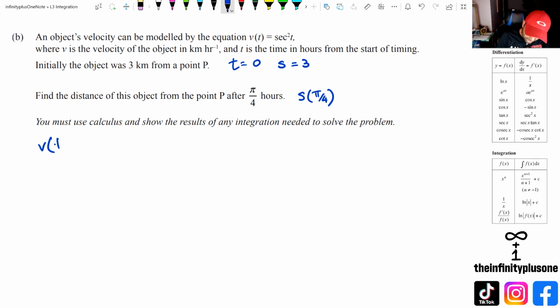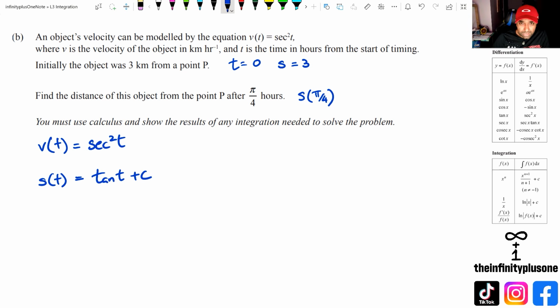Alright, so we've got v of t is equal to sec squared t. Now if you look on the side there, the integration of sec squared x is tan x. So we're going to write s of t is equal to tan of t. And of course don't forget the plus c.